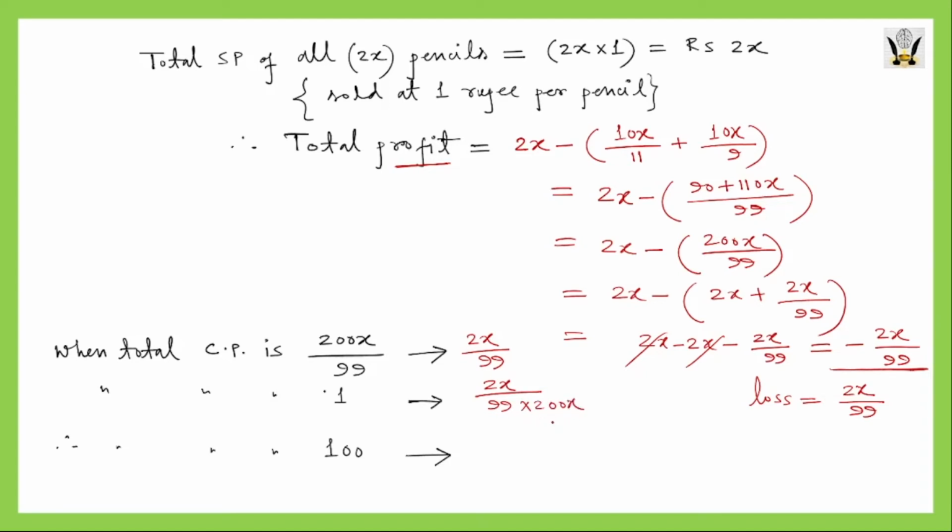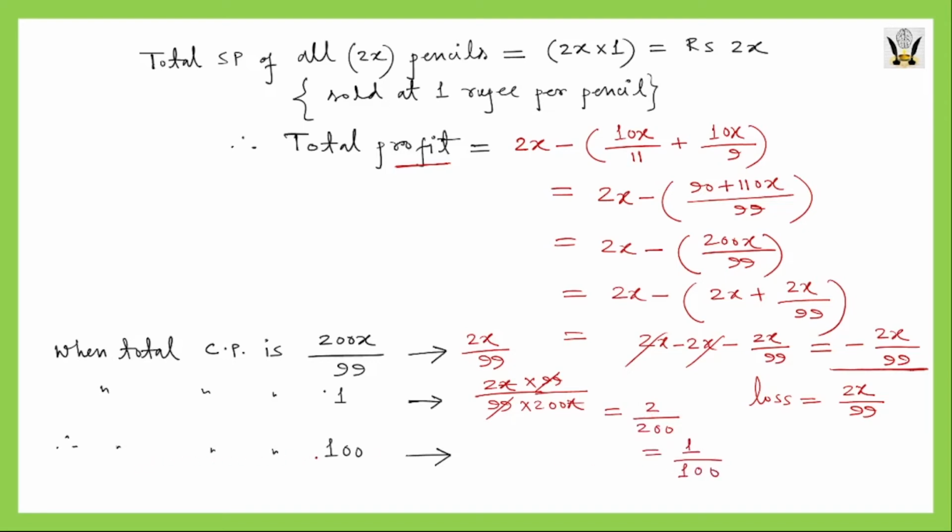So the 99 will go to the numerator, and 99 and 99 will cancel each other, and the x and x will cancel each other, so we can write this as 2 divided by 200. And 2 over 200 can be further simplified as 1 divided by 100.